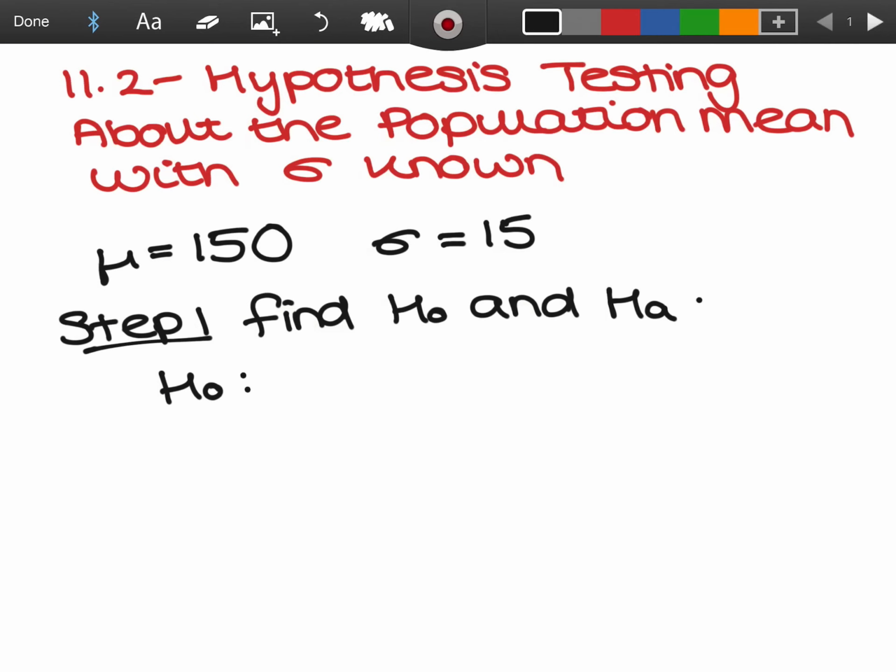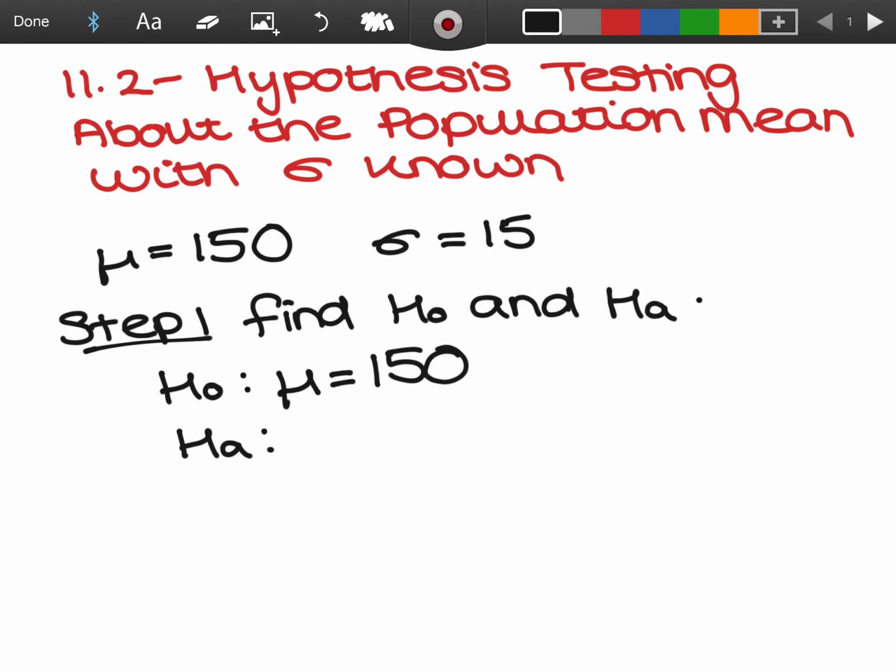The null hypothesis always states that the mean stays the same, okay? That we're not changing anything from what we originally thought, it's going to stay exactly the same. So our null hypothesis is just that the population mean stays exactly where it is. You always have equality when you look at your null hypothesis.